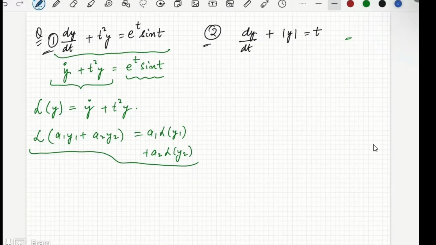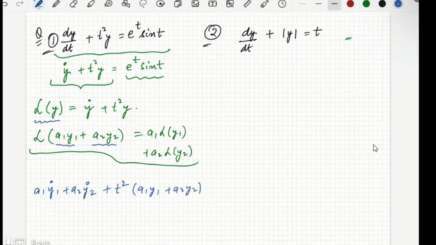So let's check that. How to find L of a1y1 plus a2y2? We have fixed our Ly. Now let's find it: it is the derivative of a1y1 plus a2y2, and then t square times a1y1 plus a2y2. This is the LHS of this one.